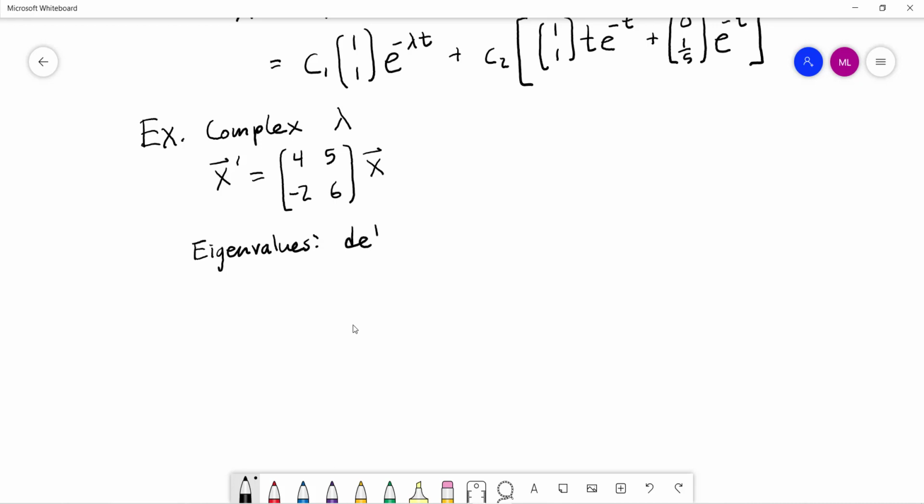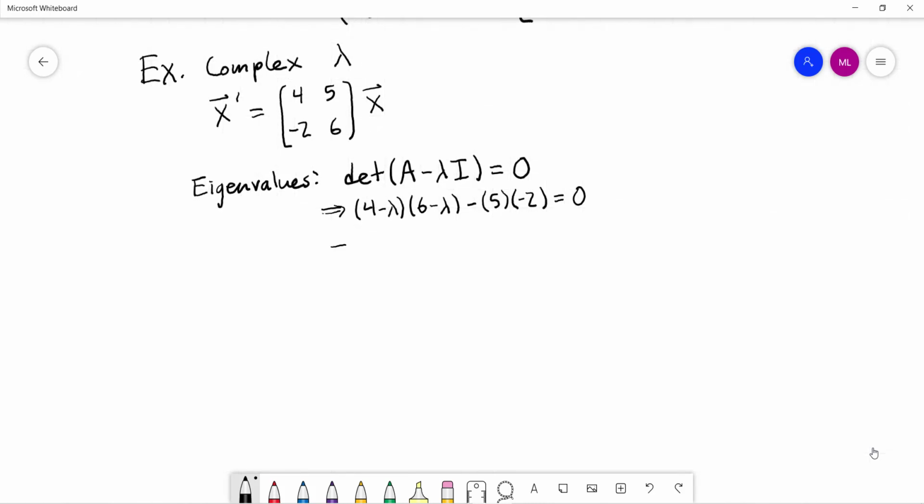And we do that by setting the determinant of A minus lambda I equal to 0. And then the second step after we find those eigenvalues will be to find the corresponding eigenvectors. So if we plug in our specific matrix here, what we wind up with is, let's see, it'll be 4 minus lambda times 6 minus lambda minus, we have 5 times -2 equals 0.